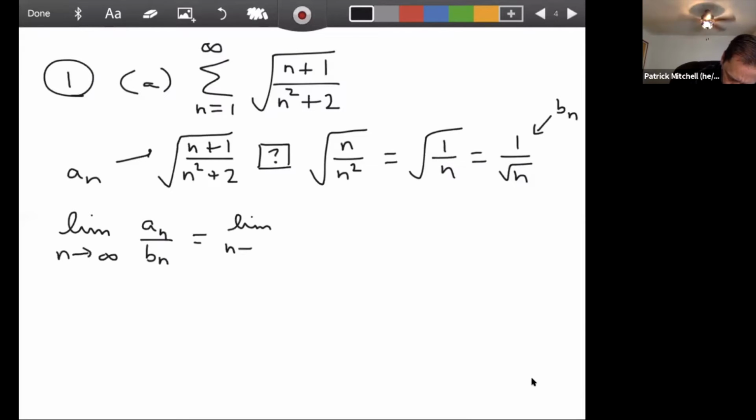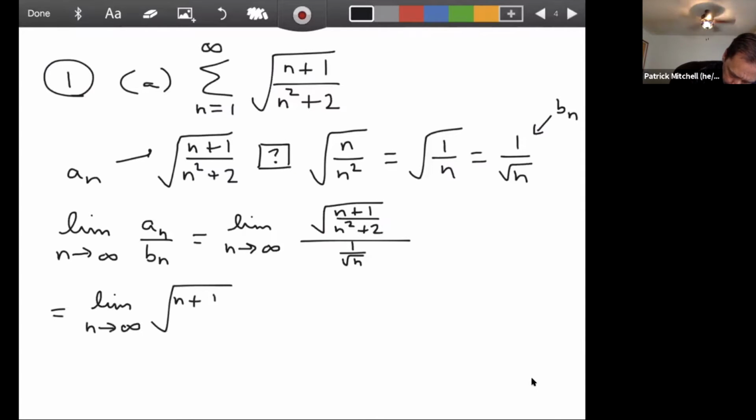Limit as n increases without bound of square root of n plus 1 over n squared plus 2 over 1 over the square root of n. And then instead of dividing by 1 over the square root of n, I will multiply by the square root of n over 1.